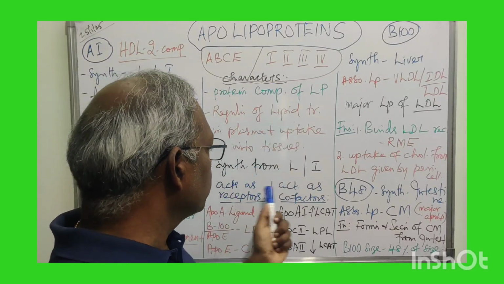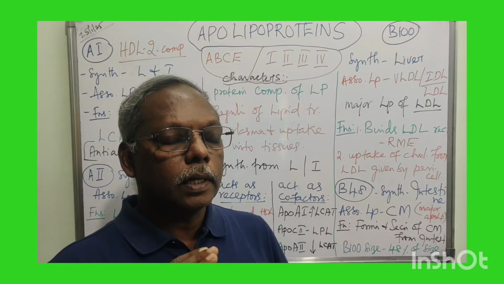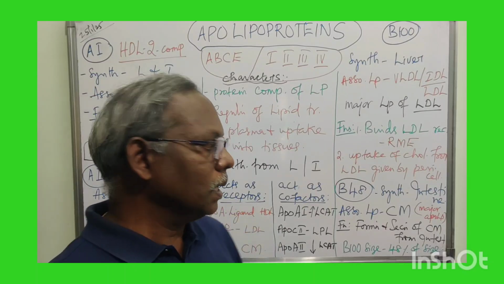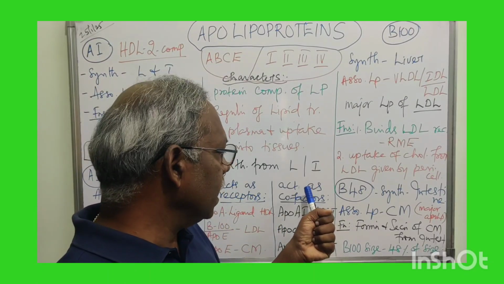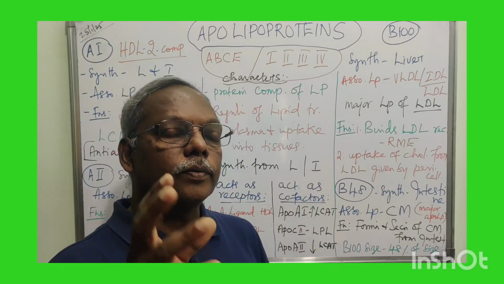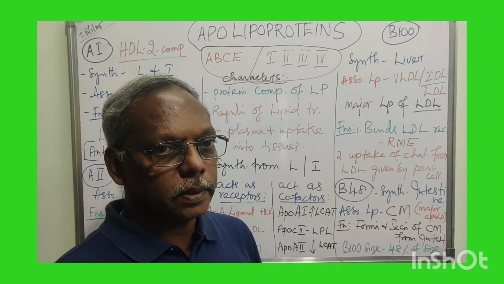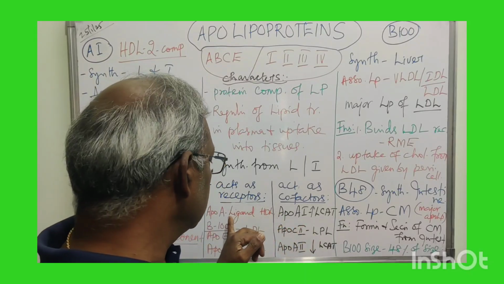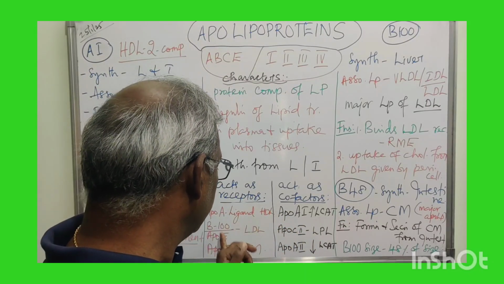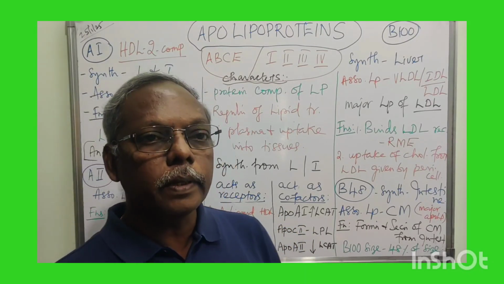This apolipoprotein has some special characters, like it acts as receptors in some areas. It acts as cofactors for some enzymatic reactions, right? Receptors, we have three, that is ApoA, B100 and ApoE.